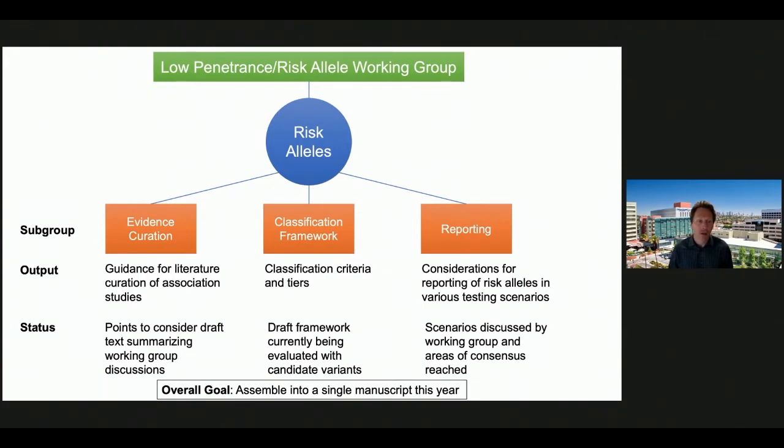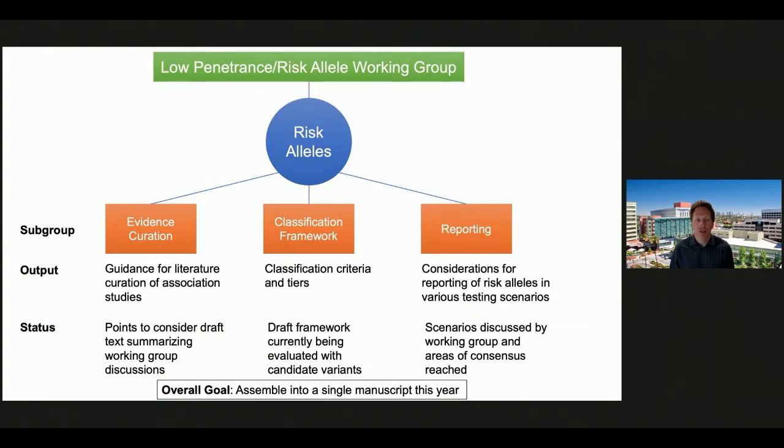So the output of those for evidence curation, we're just coming out with a white paper, just trying to tell the community all the things that the working group thought were important in the evaluation of literature and evidence for risk alleles.